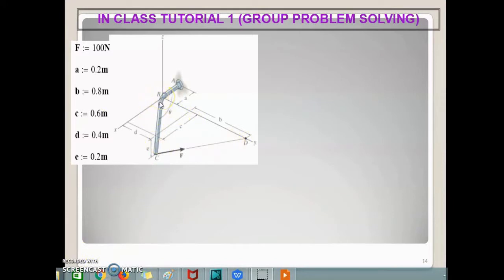So the first vector should have its own Cartesian vector, and then the force here also should have its own Cartesian system. But this time the F is not in the Cartesian form, it's given in a magnitude form, which is 100 Newton.